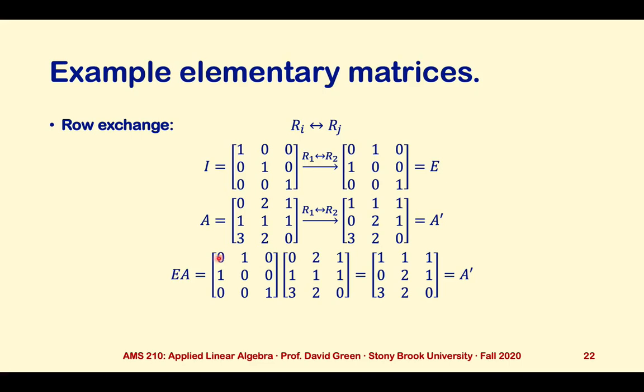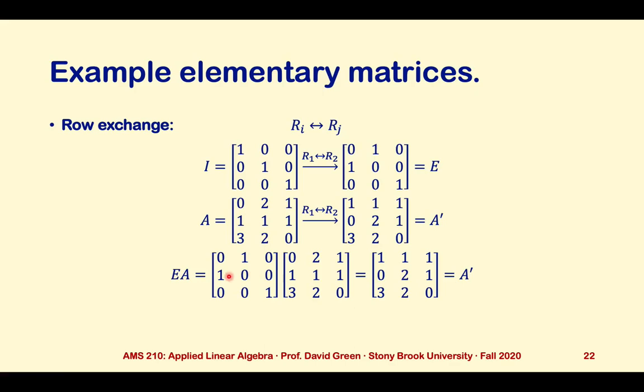Because we have a 0, a 1, and a 0, when we walk along this row, the effect, as we walk along the column, is picking out only the second entry. So when we walk along the first row, we pick out the second entry of every column, and that ends up putting the second row in the first row.